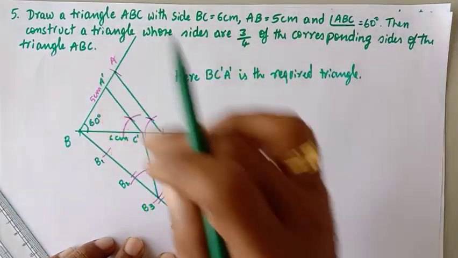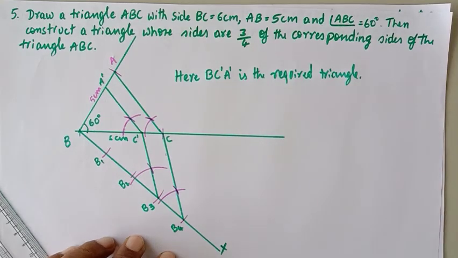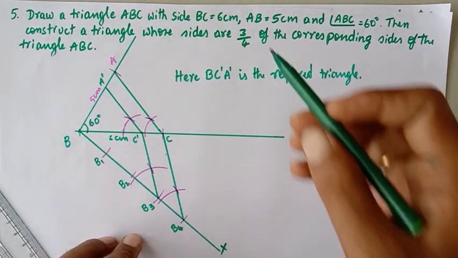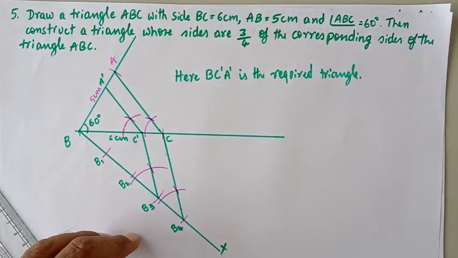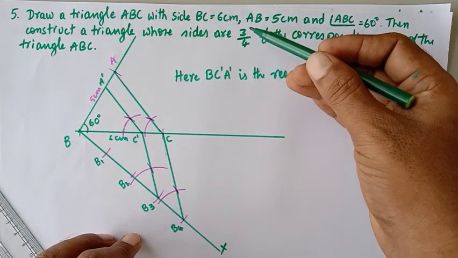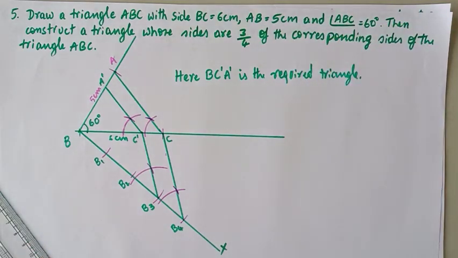Here this one is the smaller triangle. BC dash A dash is the smaller triangle that we have got. As the numerator is smaller than the denominator, we will be getting the smaller triangle. If the numerator is bigger than the denominator, we will be getting the bigger triangle. You should note this point. Let us move to the next problem.